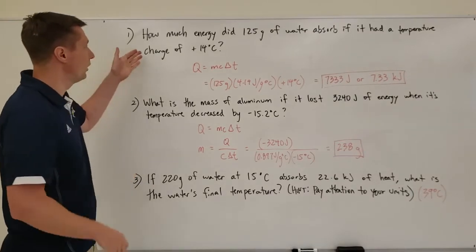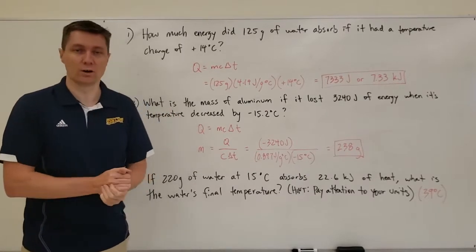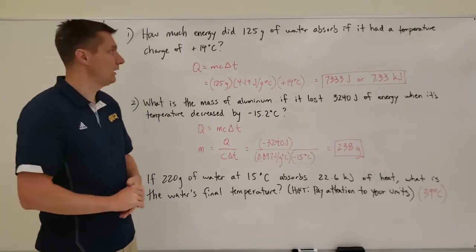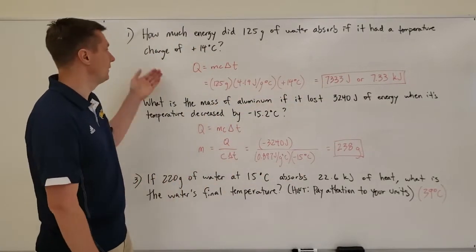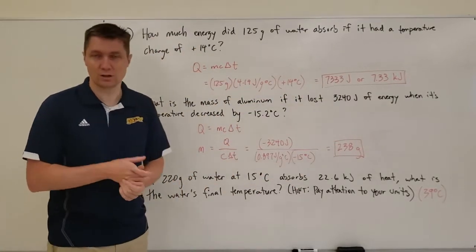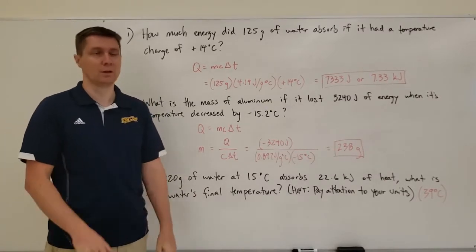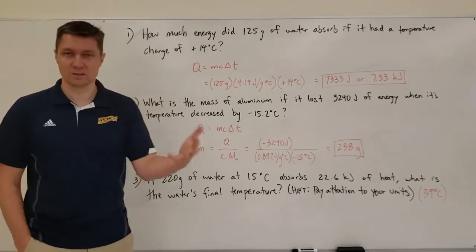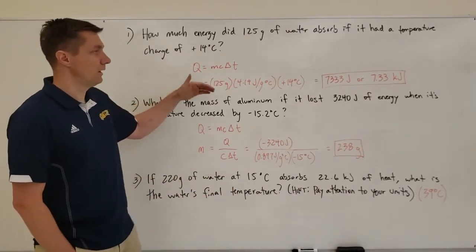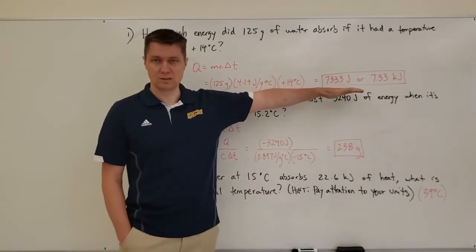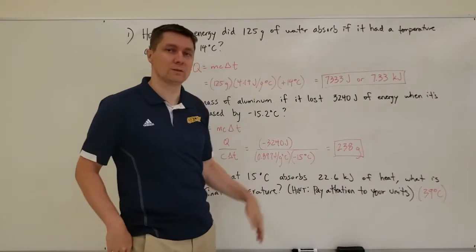But here's question number 1, where we've got a mass of water, 125 grams, and it absorbs some heat, and this is key. The temperature change due to absorbing the heat increases by 14 degrees Celsius. So this temperature change as a positive number is important because our number should punch out as a positive heat, because we know that water absorbed heat in this question.